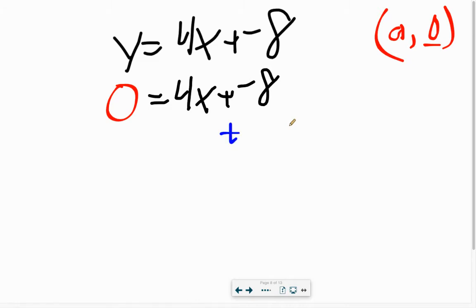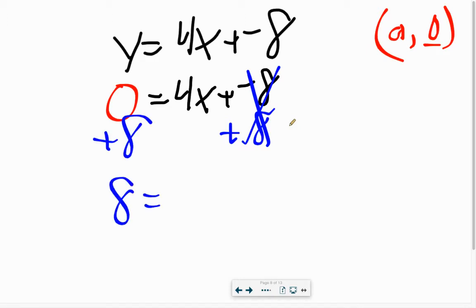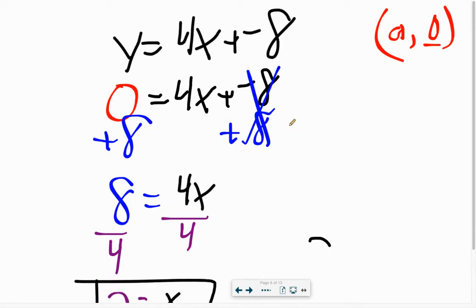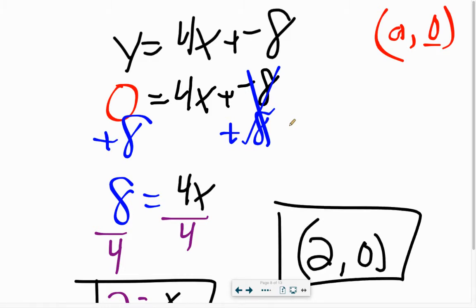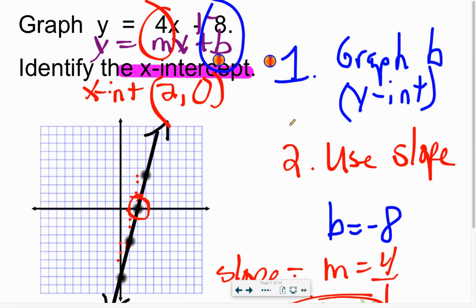So I'm going to add a positive 8 to get rid of that on both sides. 8 equals 4x. We're going to divide both sides by 4. 2 equals x. So again, your x-intercept is at 2, 0, because no matter what, the y value will always be 0 for your x-axis, because that's where it crosses the x-axis.